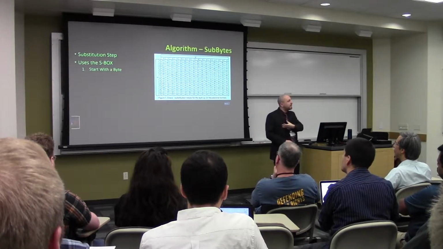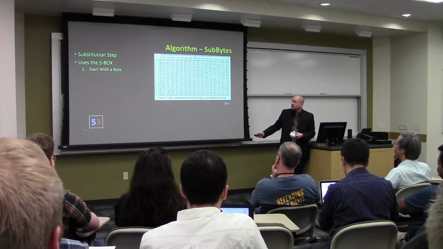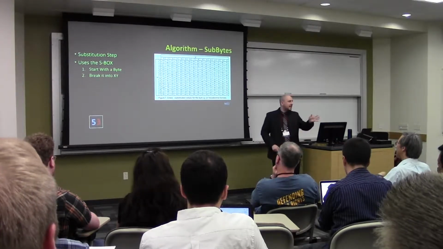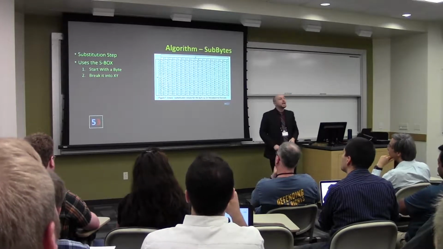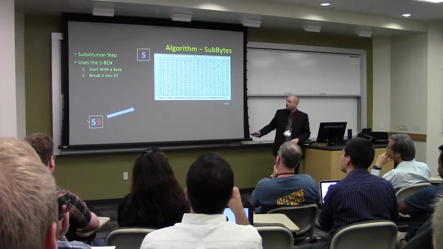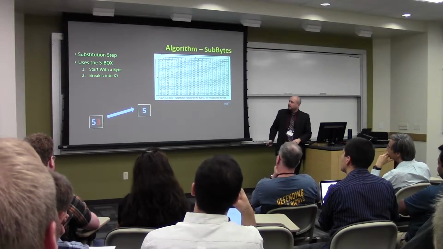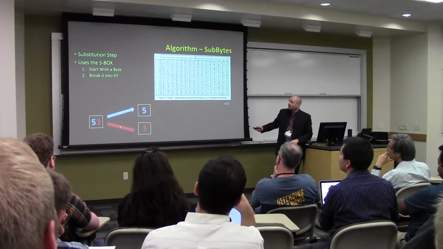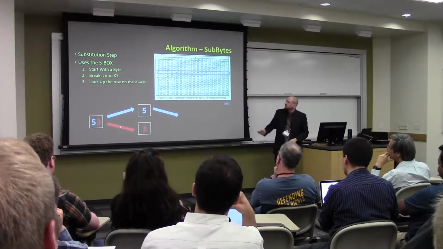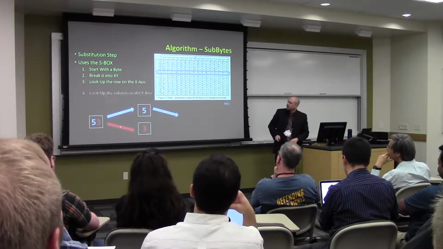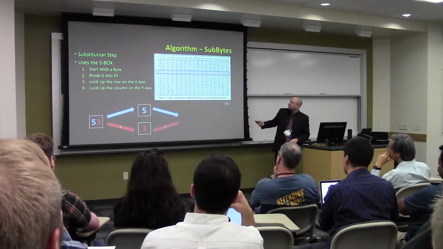We start with a byte. In this case, let's start with 53, and that's in hexadecimal, by the way. All these numbers are going to be in hexadecimal. We break it into its x and y components. Then we look up the row on the x-axis, and we look up the column on the y-axis.